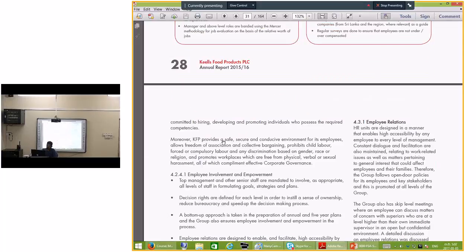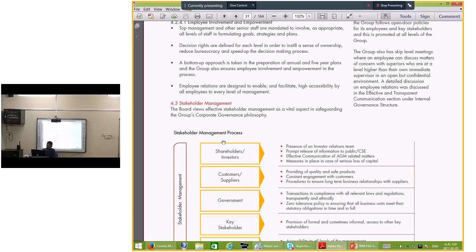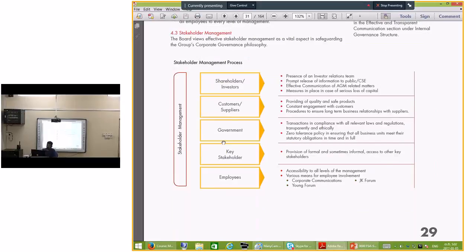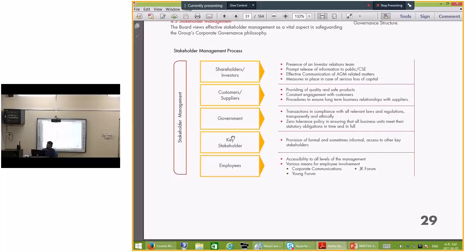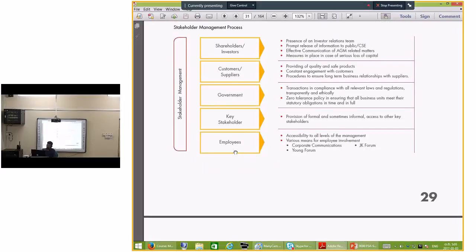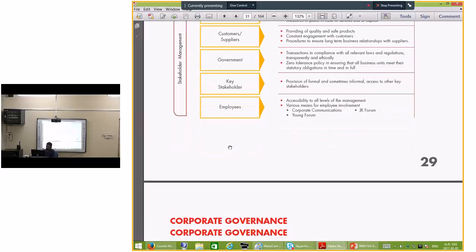Internal equity, then stakeholder management. Stakeholder management and all details here. Stakeholders are the investors, customers and suppliers, shareholders under the stakeholder category. You can see shareholders and investors, prospective investors, customers and suppliers, government and government agencies, key stakeholders and employees or the workers.